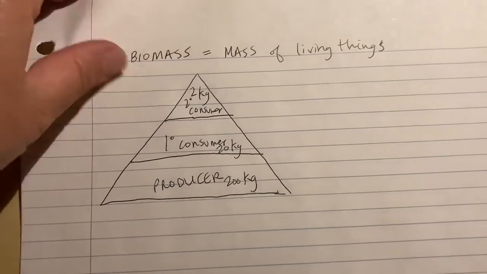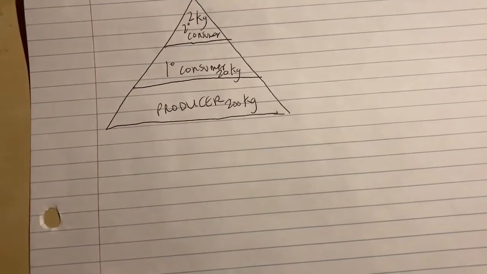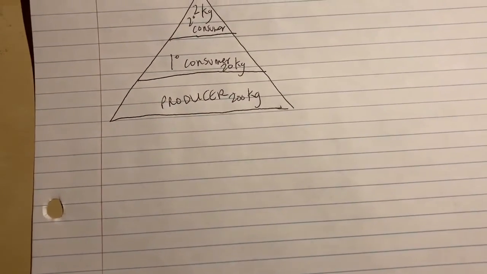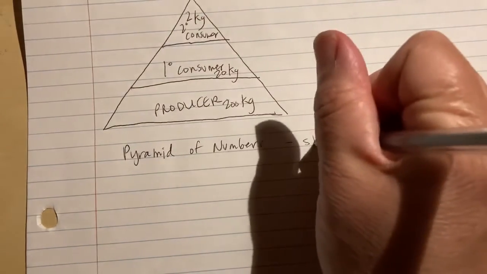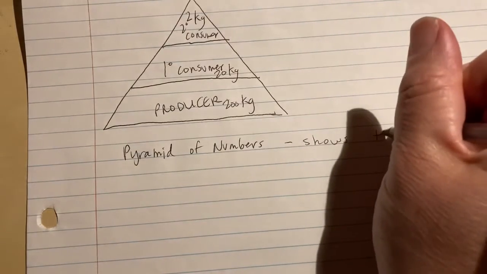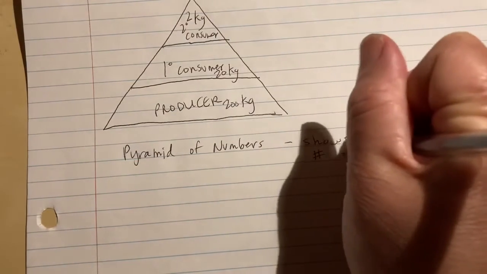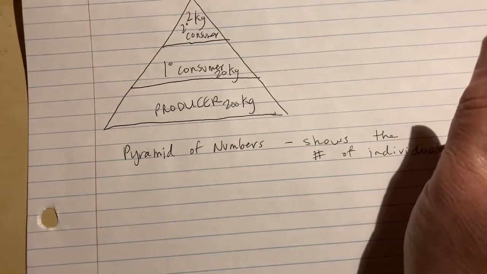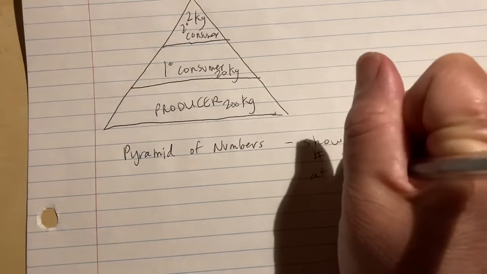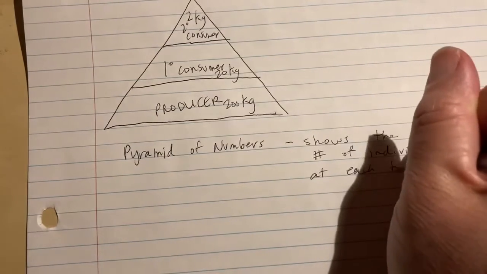And then last, but definitely not least, the last pyramid we want to talk about is called the pyramid of numbers. This basically shows the number of individuals at each trophic level.